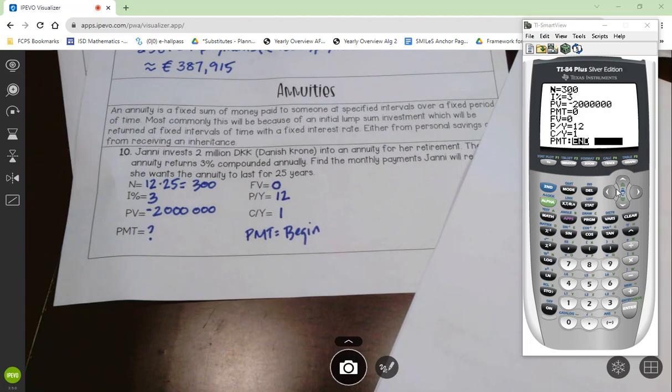Okay, so notice that this time I'm changing the payment to beginning. And then I'm going to go back to the thing I'm trying to find, which is what will the payments be? And I'm going to do alpha, enter, and it looks like the payments are 9,418.95 per month. So let's put that down.